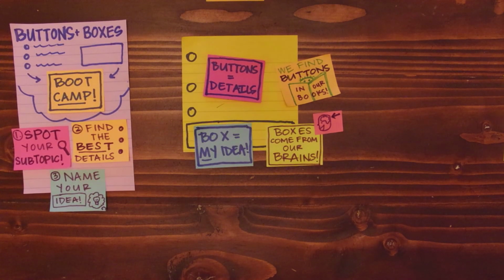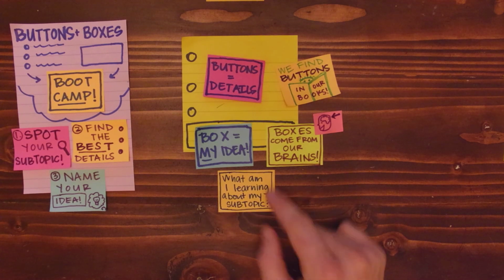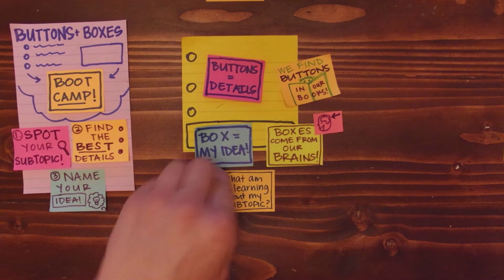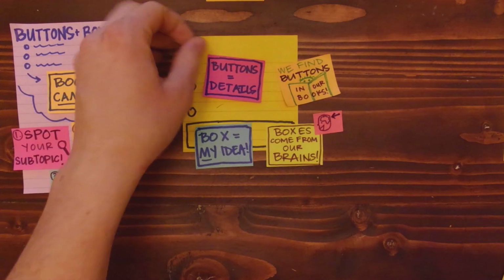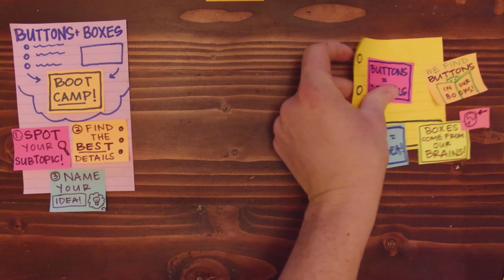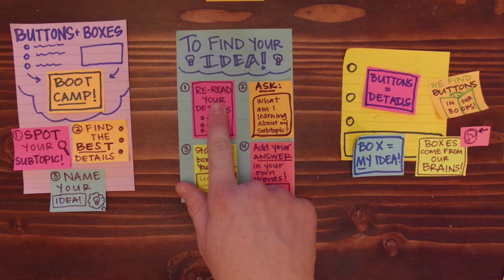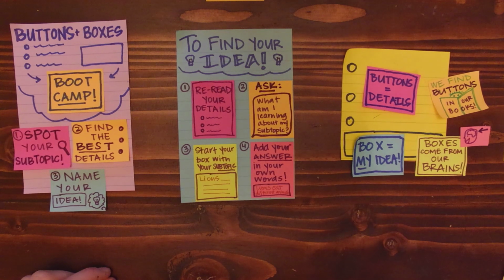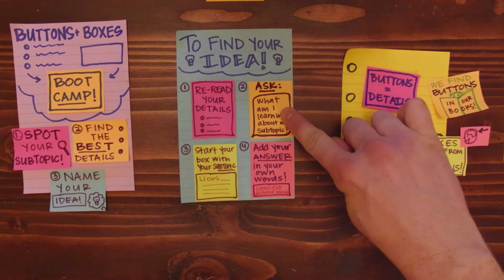And they are what all of our buttons are teaching us when we ask the question, what am I learning about my subtopic? What do these details teach me about my subtopic? So, here are the major steps of finding your idea. First, and super important, reread your details, because your details are teaching you something about your topic.